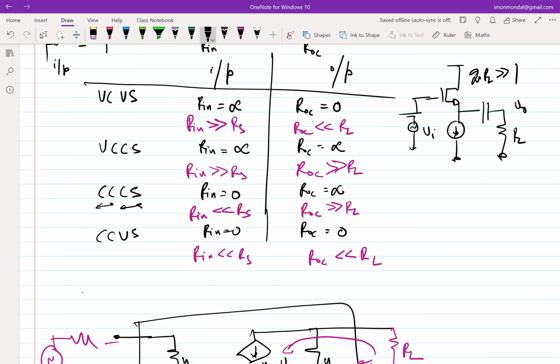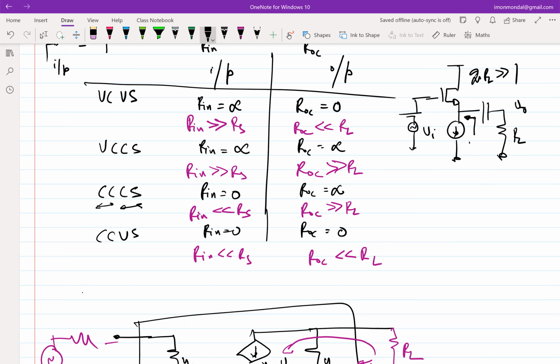It's fairly the same voltage because the output impedance is how much? The ROC of this network is what? Looking into the source of the transistor, you can work it out and tell me. Not really 0. It's 1 over GM.